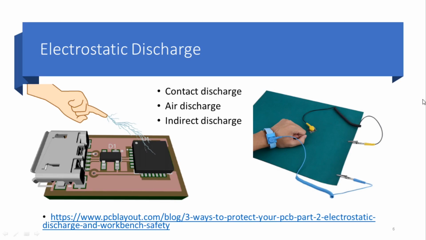So in electrostatic discharge, we'll be looking at three major types of discharges: the contact discharge, air discharge, and indirect discharge. So mind you, we are looking at subjecting the equipment to such a kind of environment. We are doing an immunity test in order to diagnose how the equipment behaves. So this is under diagnostics.